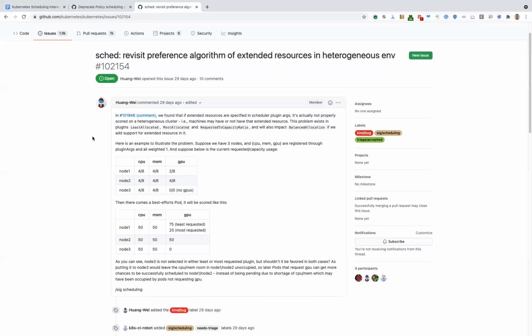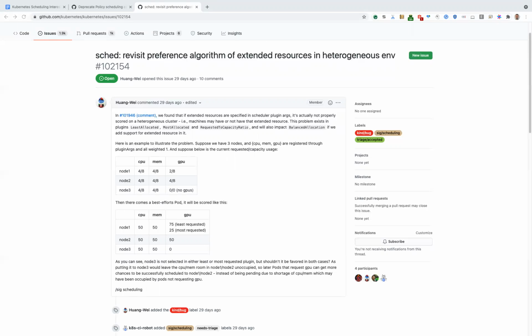One of them prioritizes the nodes that currently have less usage. That's the least allocated. Okay. The other one is the opposite, the same for most allocated, and the other one tries to keep a balance between all the resources.